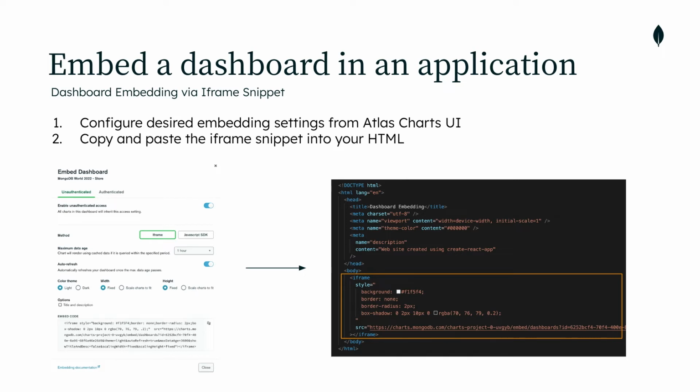It's a simple two-step approach, with the first step being just configuring the desired embedding settings from the Atlas Charts UI, which you can see on the left. After you're done with the setting configurations, an iframe snippet will be automatically generated below, where you simply copy and paste that into your HTML code. And that's it.